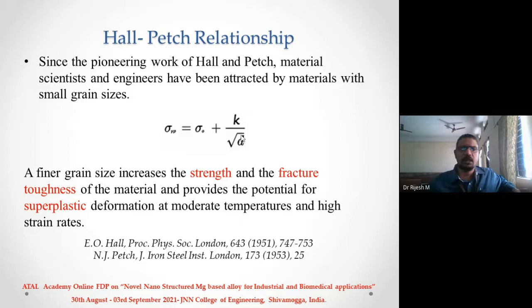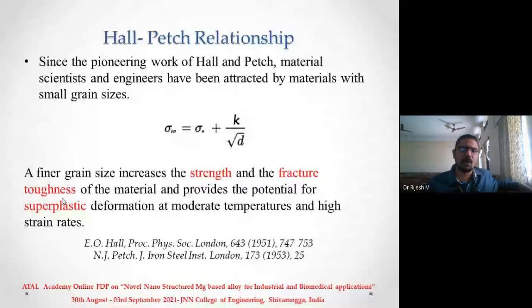A finer grain size increases strength and the fracture toughness of a material and provides the potential for superplastic deformation at moderate temperature and high strain rates. So the Hall-Petch relationship clearly says that as the grain size reduces, your strength increases. It also tells that as the grain size reduces, your toughness increases.